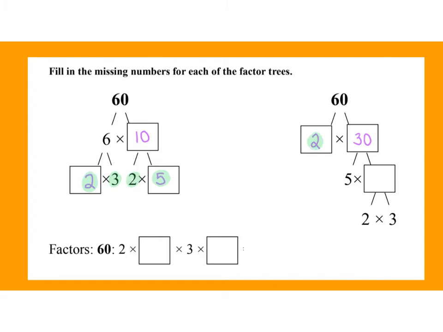But 30 is a composite number, so I need to break 30 apart even further. I can multiply 5 times 6, which equals 30. 6 is a composite number, so we can break it apart by multiplying 2 times 3. Now we're left with only prime numbers.